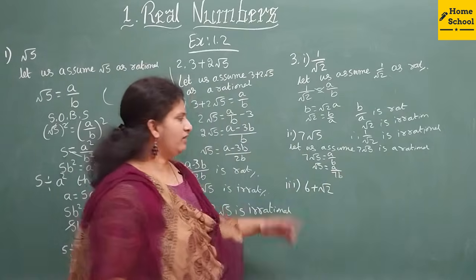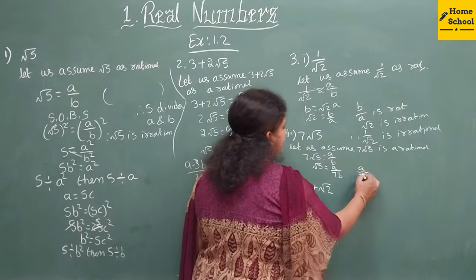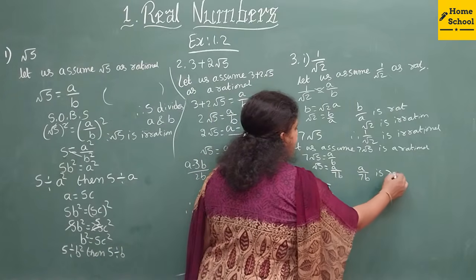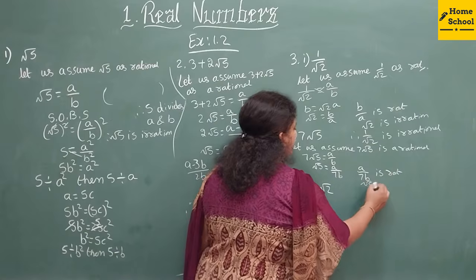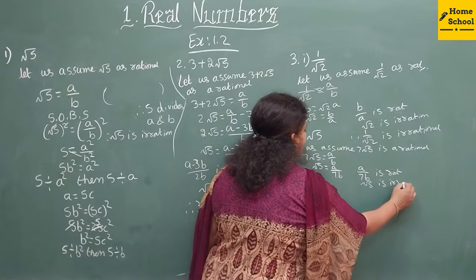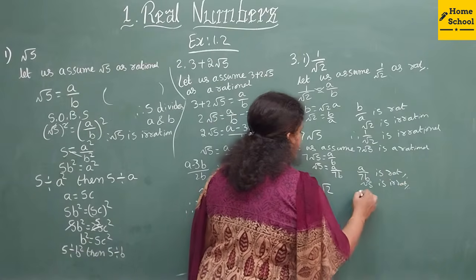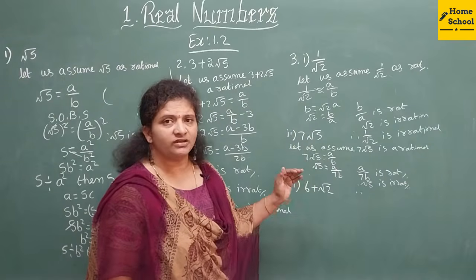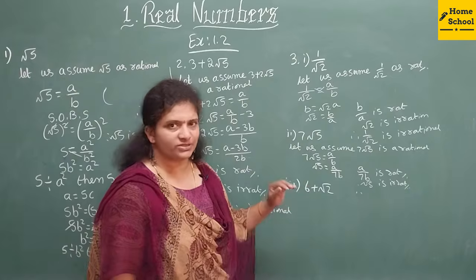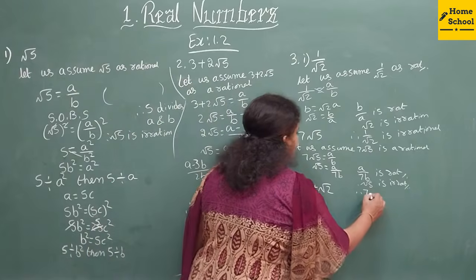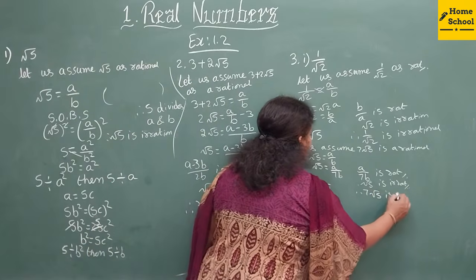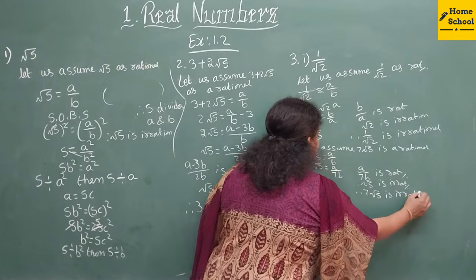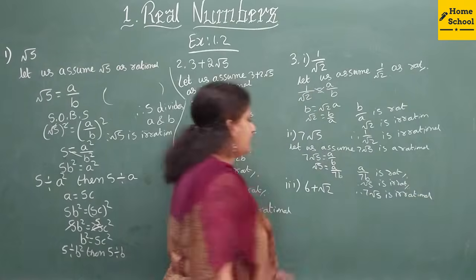Now, in the same manner, a by 7b is rational. Root 5 is irrational. Therefore, finally, my assumption is wrong. What is the assumption? Rational number we have assumed. No, that is wrong. Therefore, 7 root 5 is irrational. Hence, it is proved.